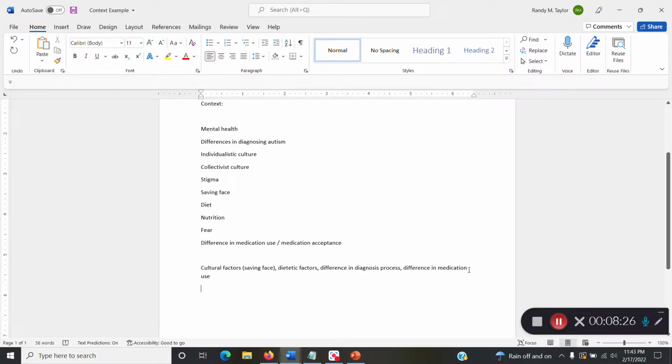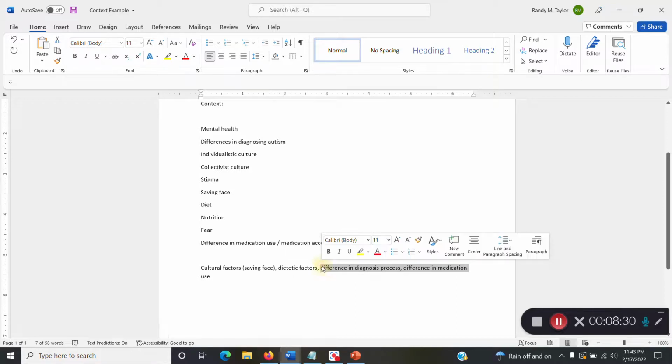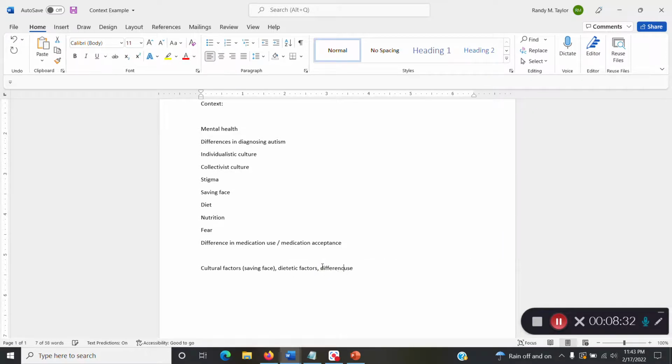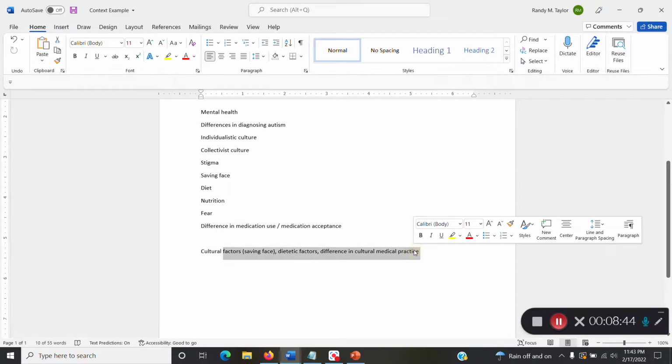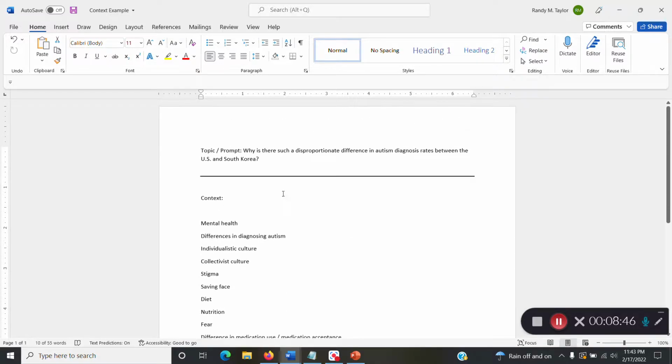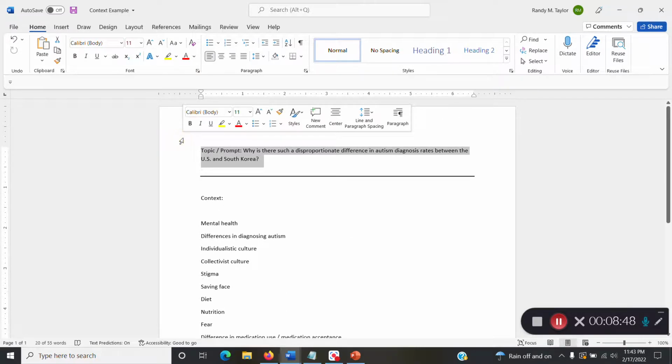So these differences in diagnosis process and difference in medication, I would call a difference in cultural medical practice. If I were to respond to this, I can then take these 3 general ideas, and that would be the content of my response to this prompt.